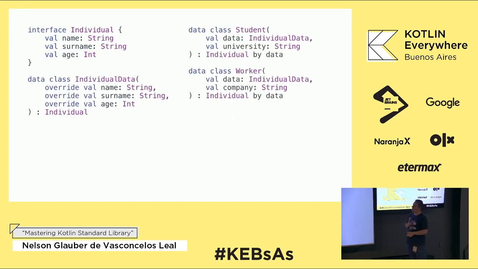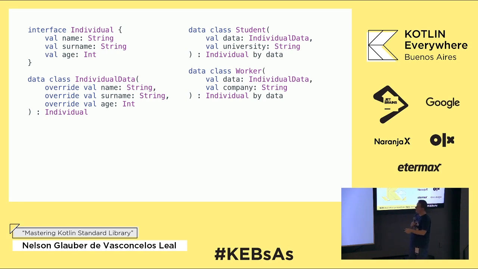How can I do that? We can create this Individual interface and abstract the individual data. And now I'm implementing Individual, and inside of Student and Worker, I'm using IndividualData as a parameter. This is interesting because here I'm using two concepts of computer science: extension and composition.